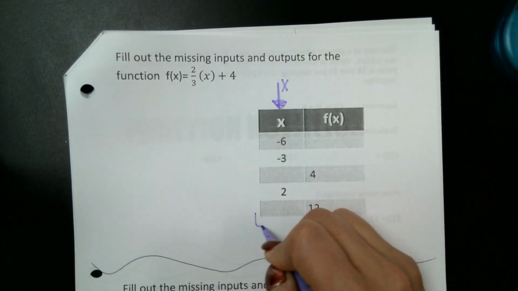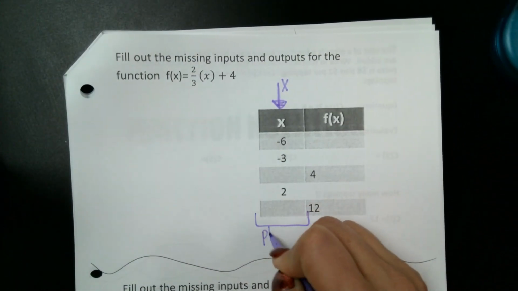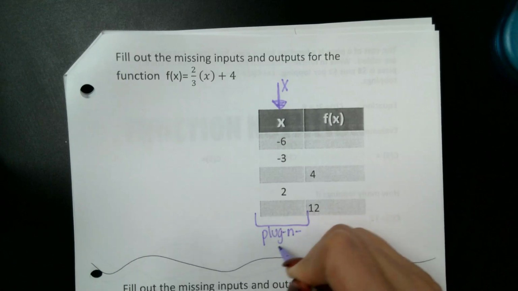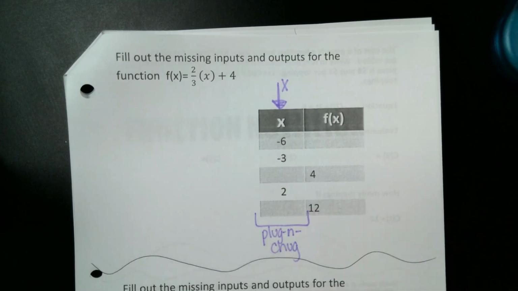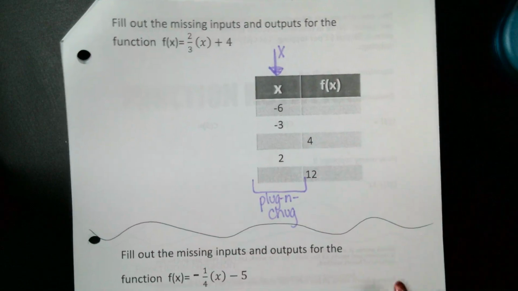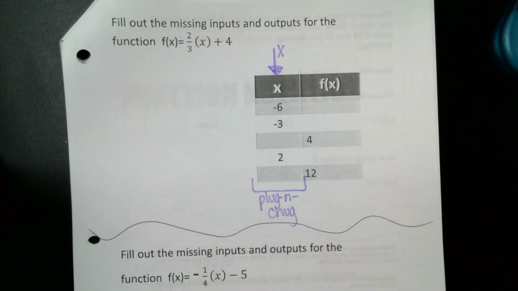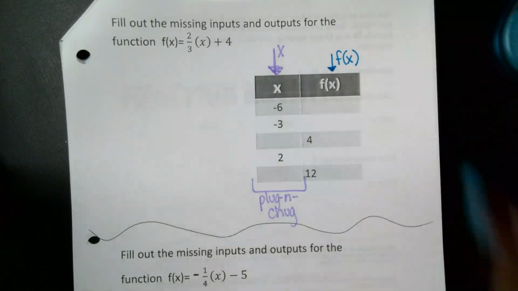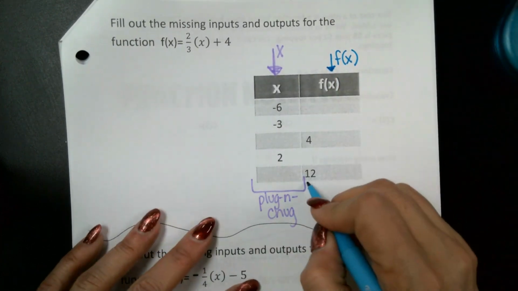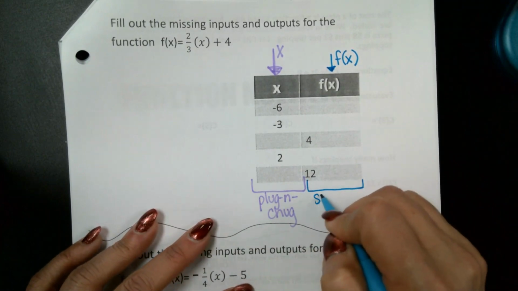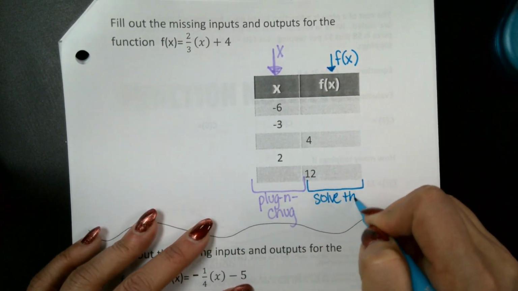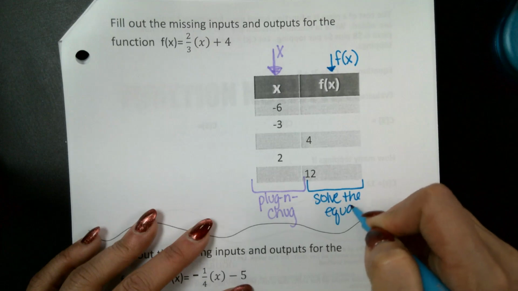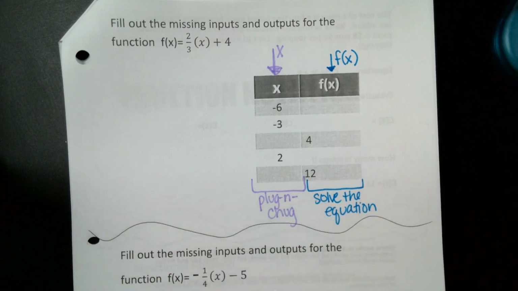So anytime they give you an X, you do plug and chug. If they give you F of X, that's the output they've given you. So you wouldn't do plug and chug, you would solve the equation for the variable. Okay?